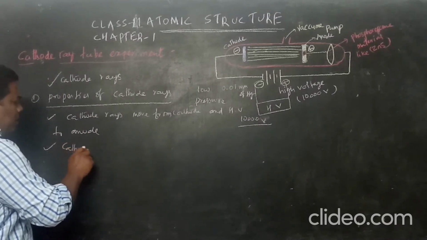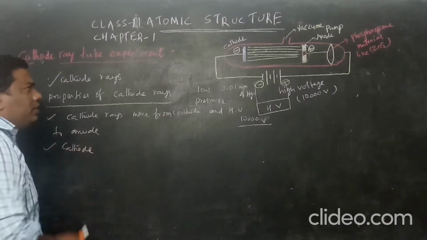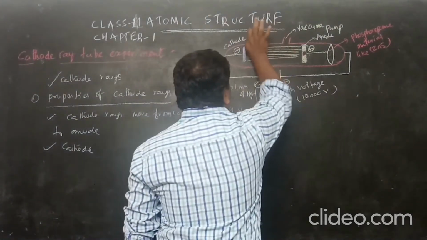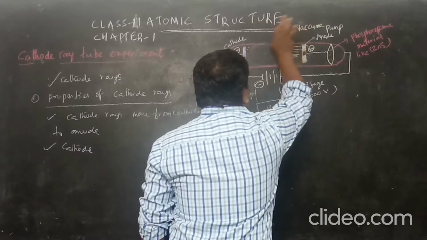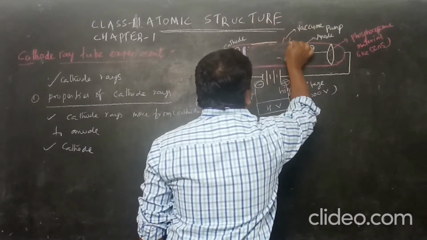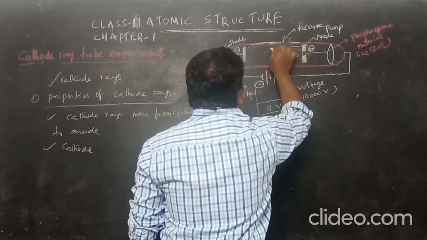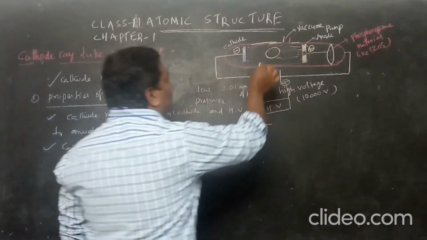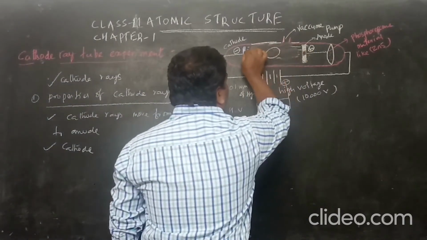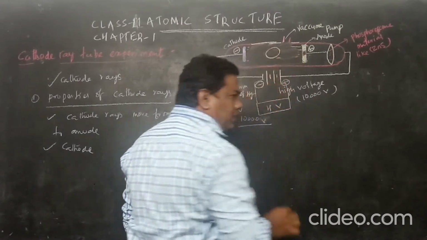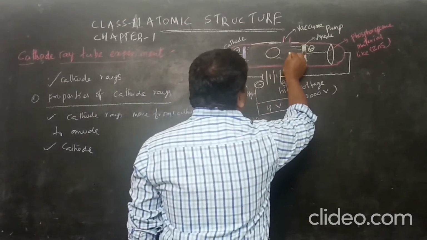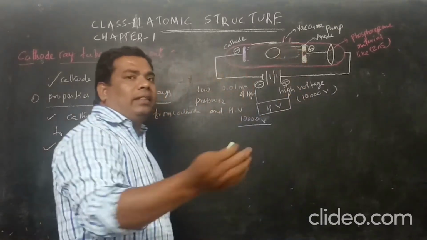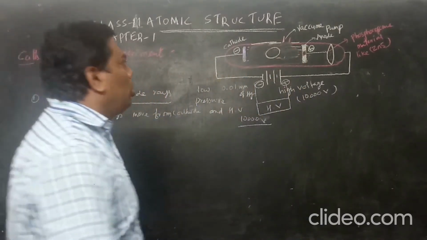If we place any solid object in the path of the cathode rays, we will get the shadow of the solid object.